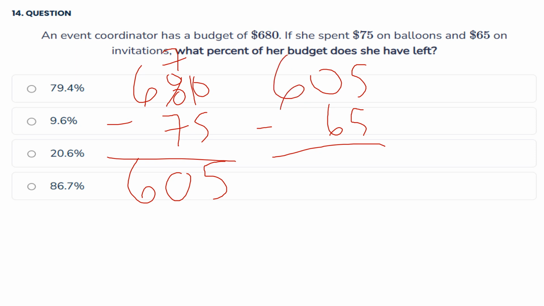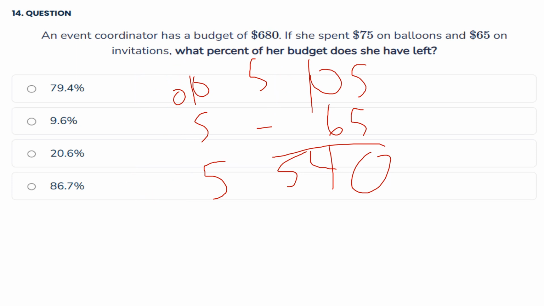That's a 6. All right, so 5 minus 5 is 0. 0 minus 6 you can't do, so you have to take 1 from here. That becomes a 5. That becomes a 10. So 10 minus 6 is 4. And 5 minus 0 is 5. So after it's all said and done, she has $540 left.